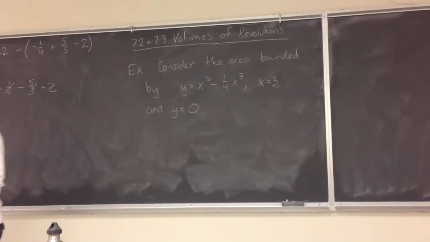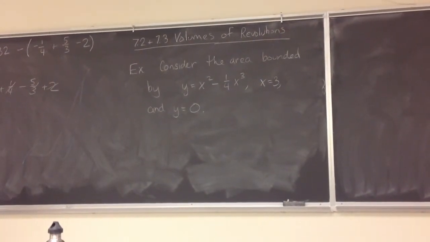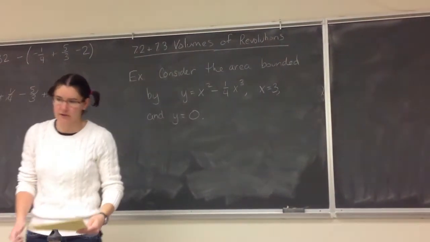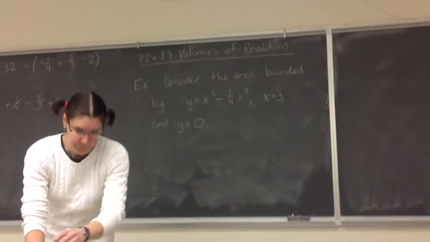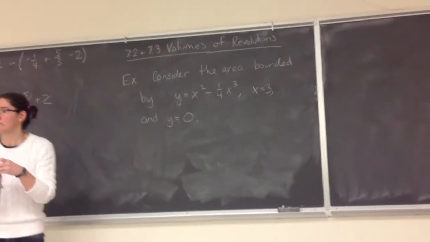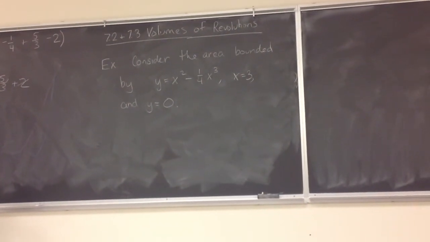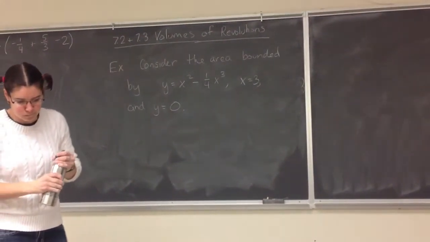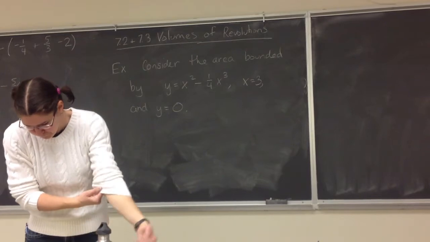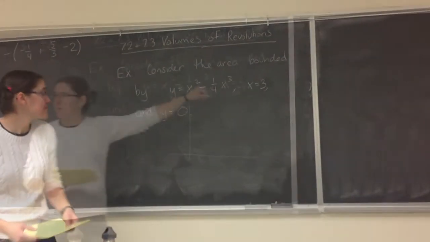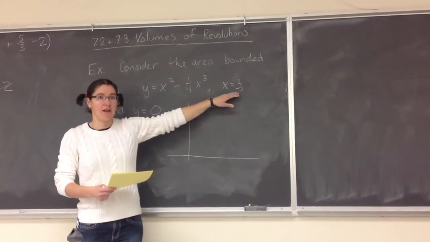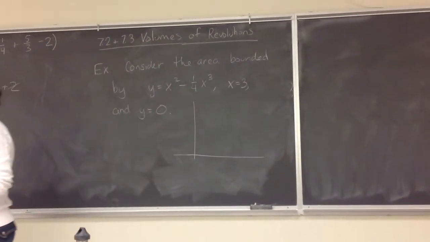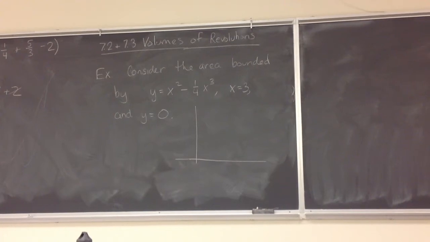Okay, so if you have your calculator, please go ahead and pull it out and graph the function y equals x squared minus 1/4 x cubed. One thing you'll notice is that we're stopping at x is equal to 3, so in terms of your window, you can change your window so that the x maximum value is x equals 3.